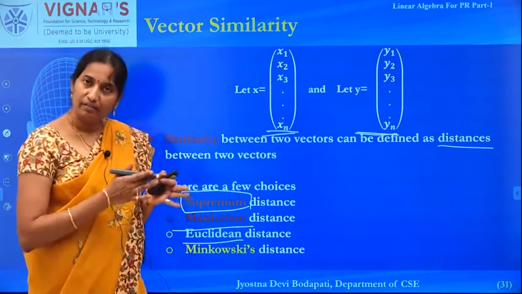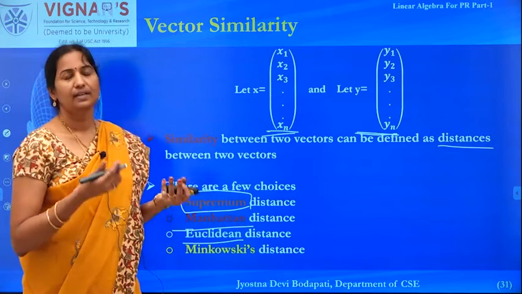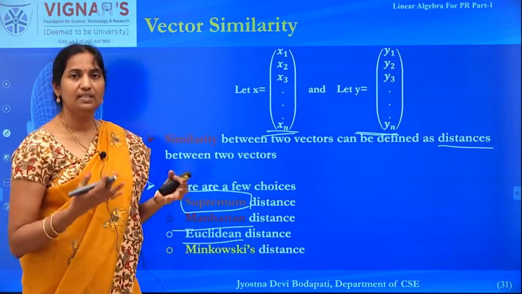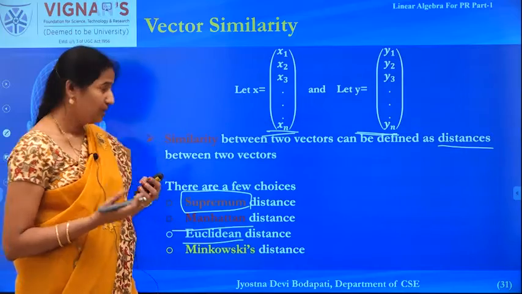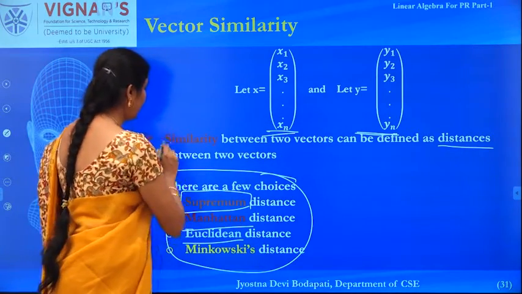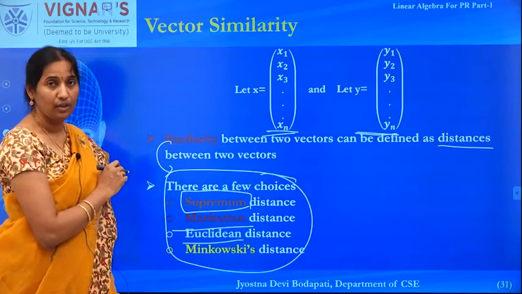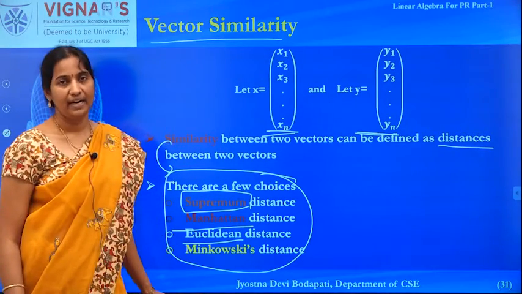If they are far, that means the distance between the vectors is more, then you can say they are less similar. And if the distance between the vectors is less, then they are more similar. Once you define the distance between the vectors, you can say whether they are similar or not. That's how the similarity between vectors can be identified.